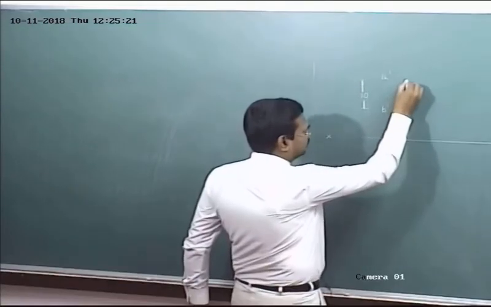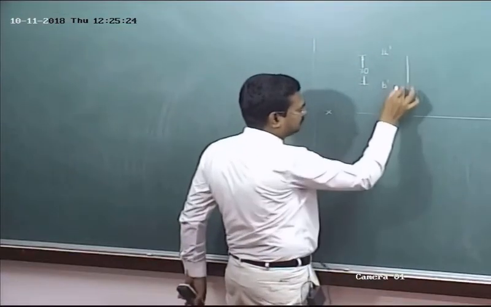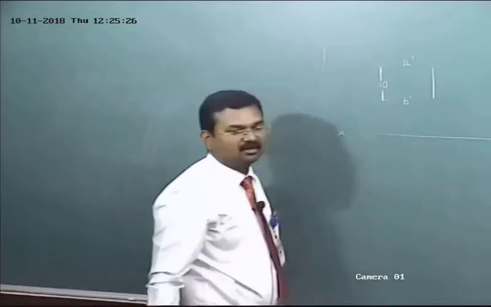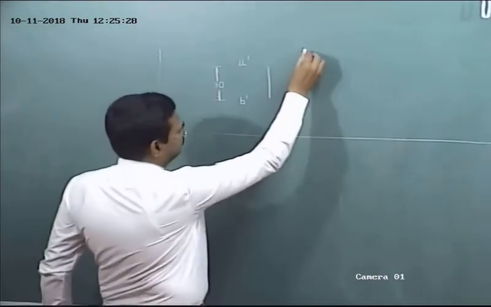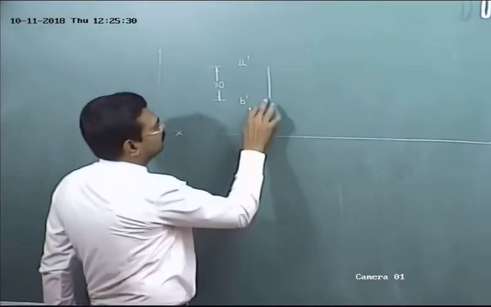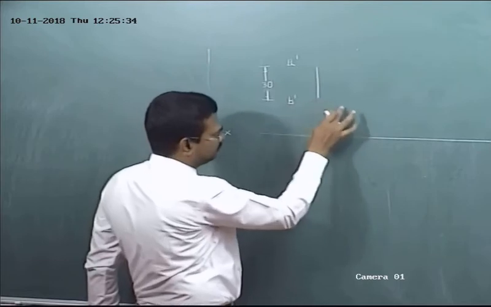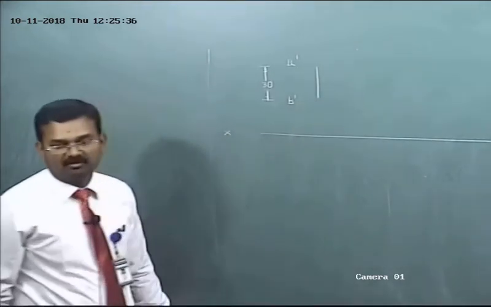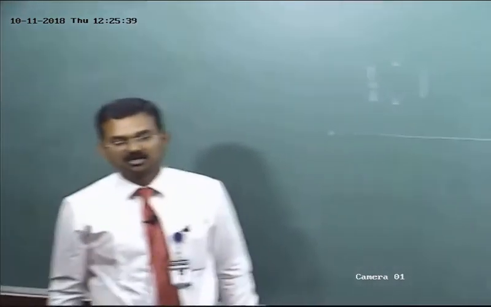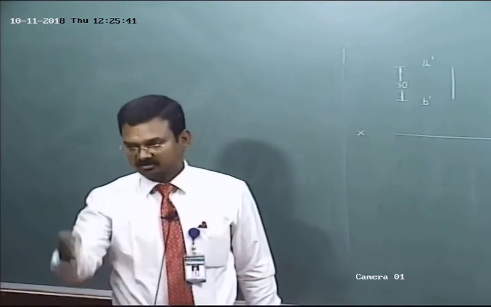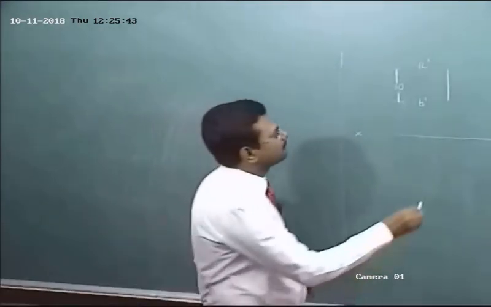By using a protractor with reference to A dash and the line A dash B dash, mark a point at an angle of 120 degree. Similarly, with reference to the point B dash and the reference line A dash B dash, mark a point at an angle of 120 degree. Already we have discussed how to construct a hexagon, isn't it?